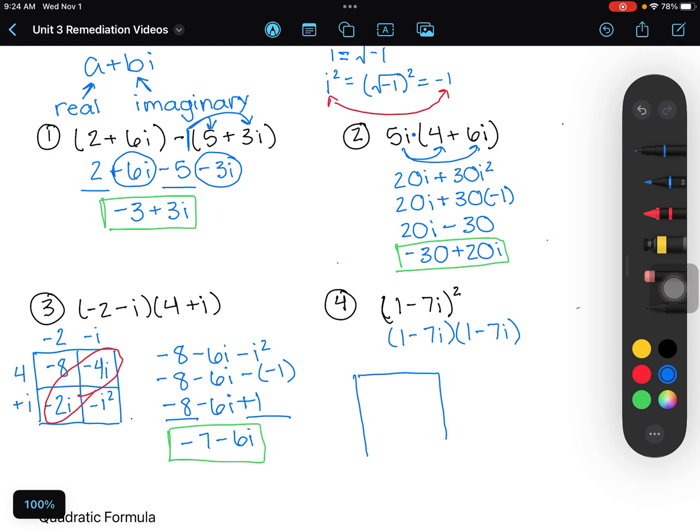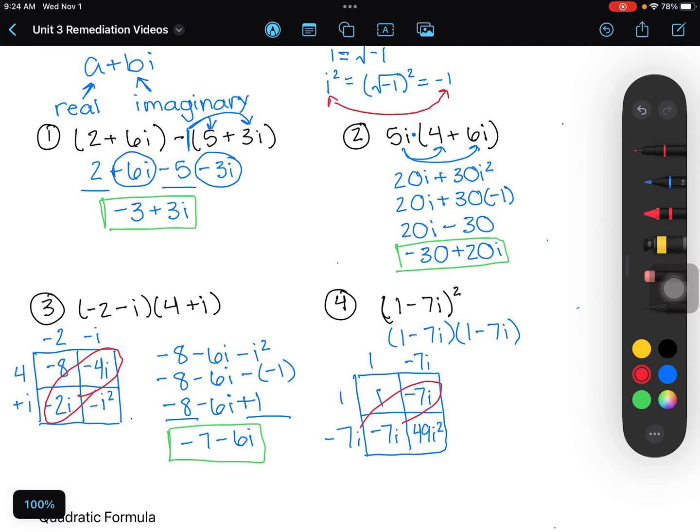So I still have to use my box to multiply, or you can FOIL. So 1 times 1 is 1. 1 times negative 7i, negative 7i. Negative 7i times 1, negative 7i. And negative 7i times negative 7i would be positive 49i squared.